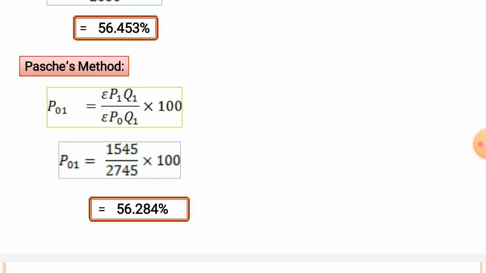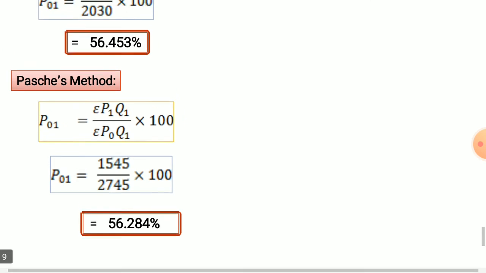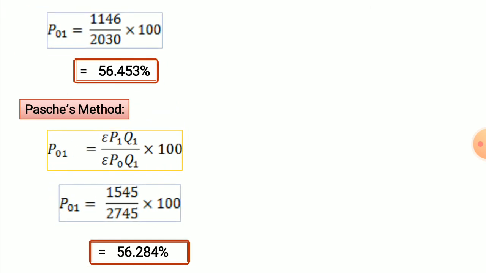So therefore by simplifying these figures we get 56.284%. So similarly, we can calculate index numbers according to Fisher's ideal index method.